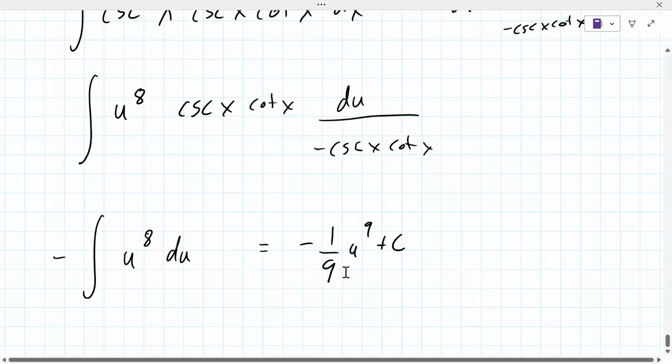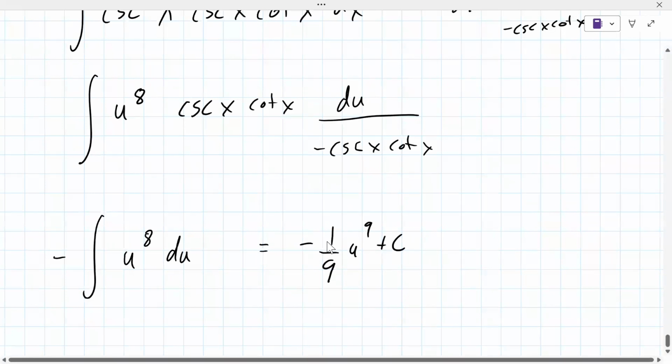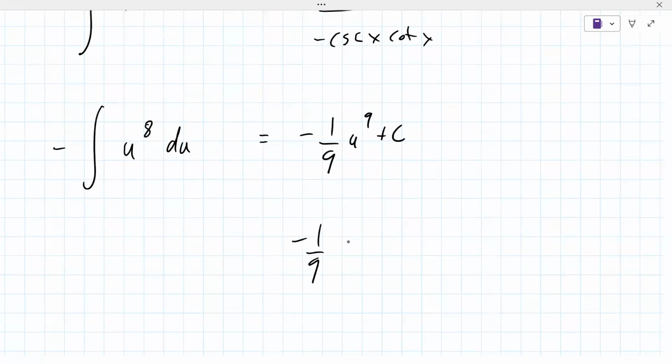Perfect. You have the final answer here? I just did negative cosecant to the 9th plus c. Okay, good.